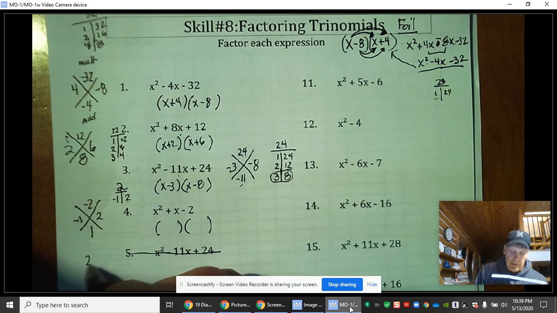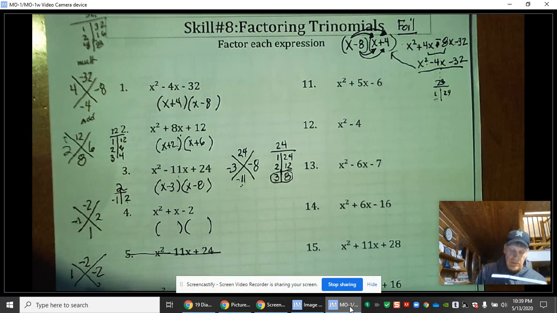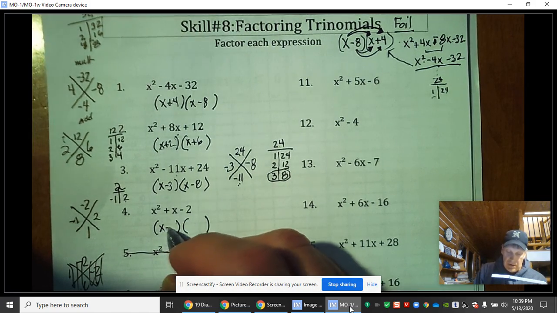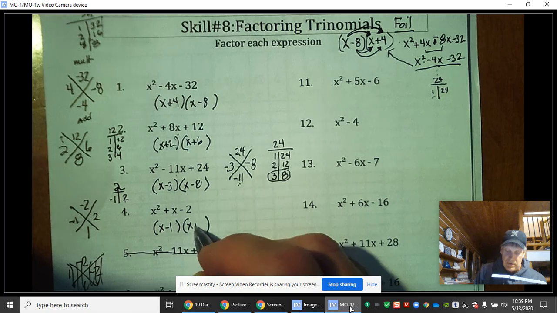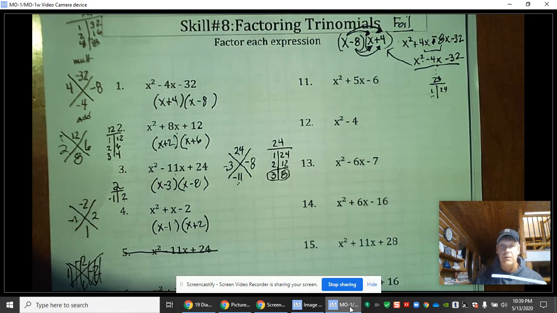If you flipped them around, this isn't right, but let's say you had 1 and negative 2. Well, that adds up to negative 1. So that can't be right. So now you just stick those two numbers in here, x minus 1, x plus 2, and you're done. If I FOIL this out, it comes back up with that.